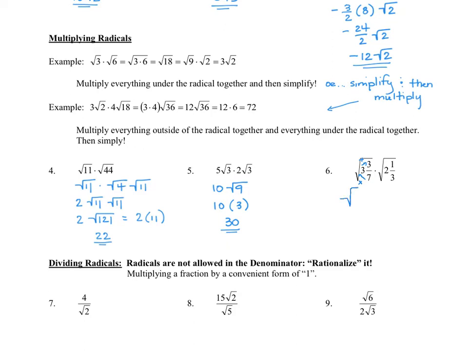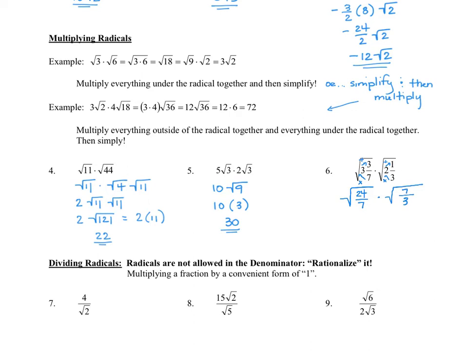So the first radical is going to become 24 over 7. And the second radical, remember, you multiply and then add. So the second radical will become 3 times 2 is 6, plus 1 is 7 over 3.